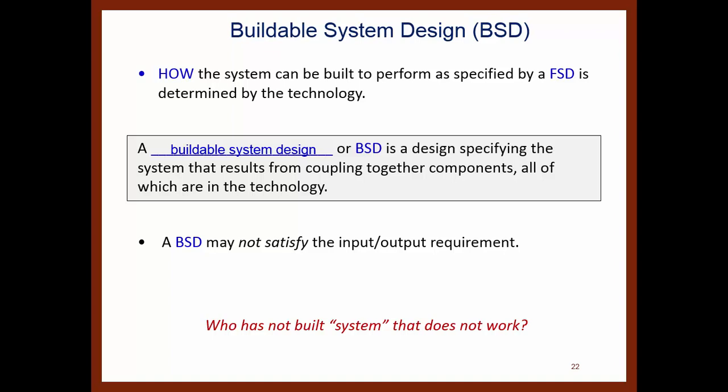That is basically saying that if there's no technology, and this is the best you can do with existing technology, then you might not be able to satisfy that input-output requirement. Like, for instance, if you want to design a car that can fly, then you can say you can do that at the functional system design level, but when you get into the technology, you may not be capable of performing that because there's no technology to achieve that goal.